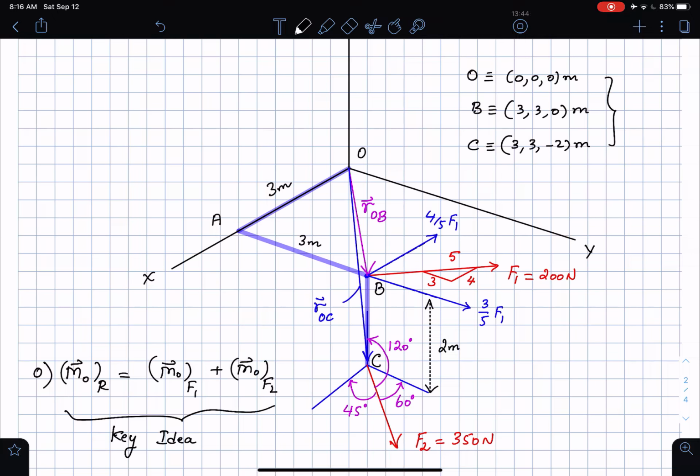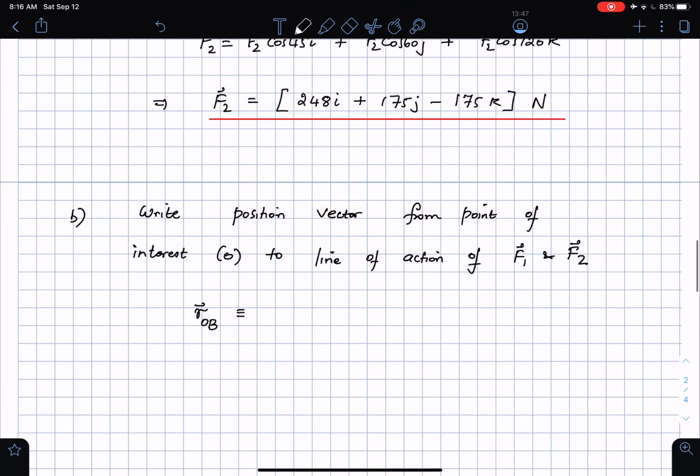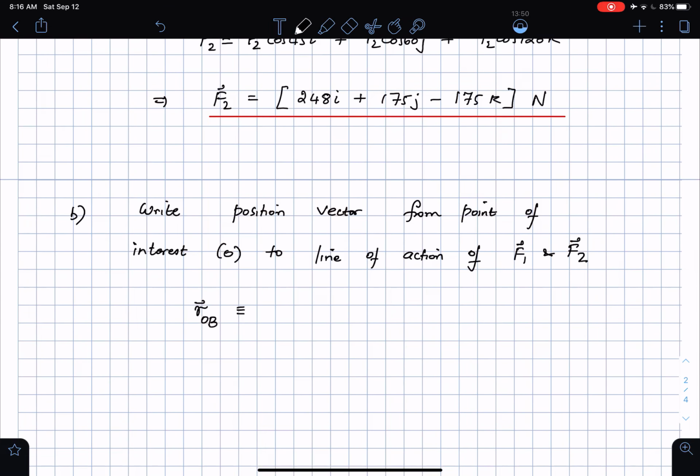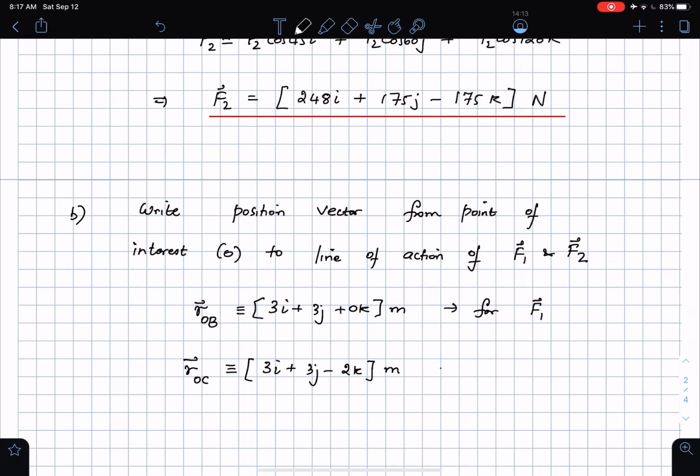Once I have that, I can write the position vectors. So this is R_OB, coordinates of the last point minus the first point, so this is going to be 3i, 3j, 0k meters. This is for the force F1, and then R_OC, which I can write as 3i, 3j minus 2k meters. This is for the force F2.